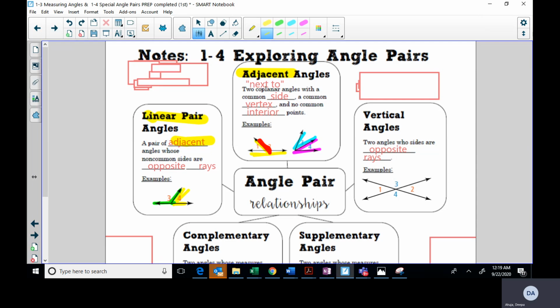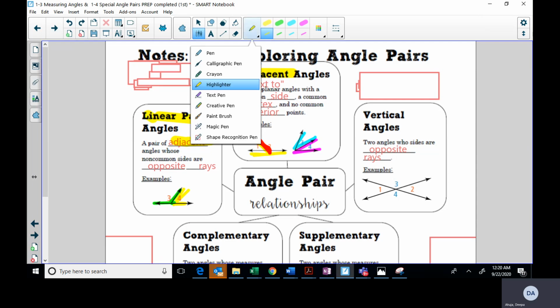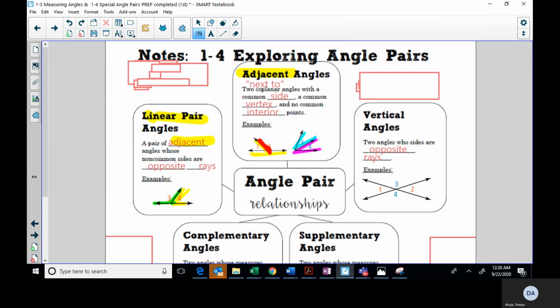Yes, we have a line. Let's highlight that line in blue. This is the side which is common to both angle 3 and 4. What about their sides in green and yellow? They are forming a line.